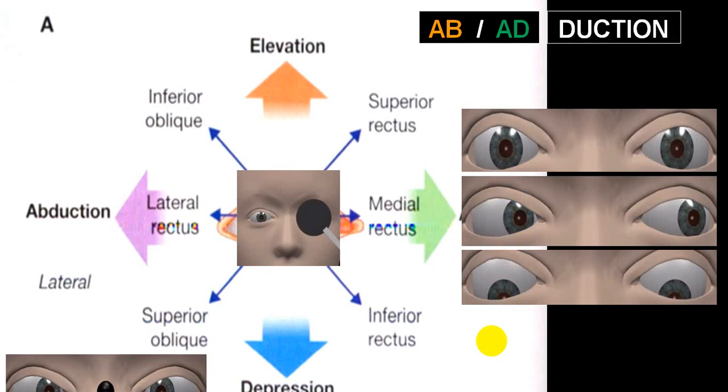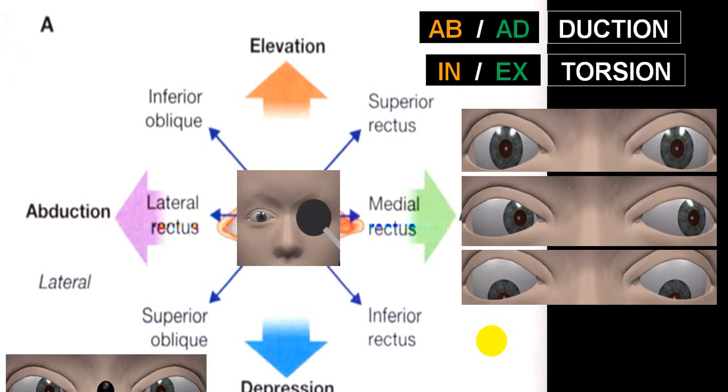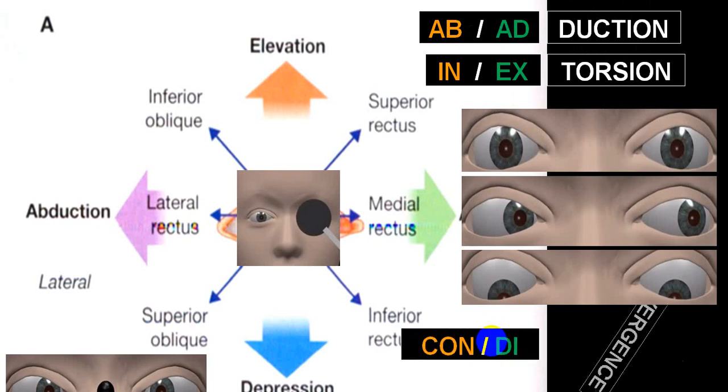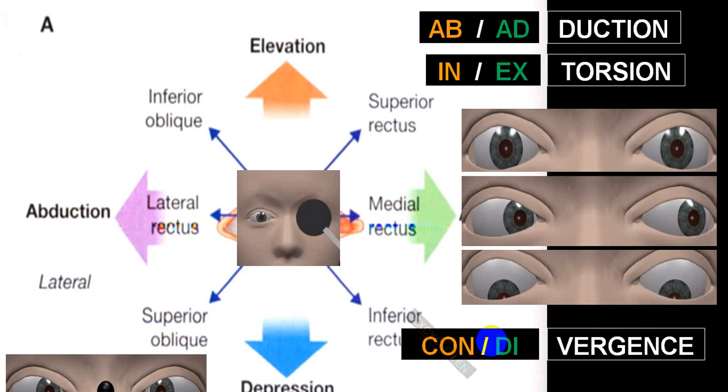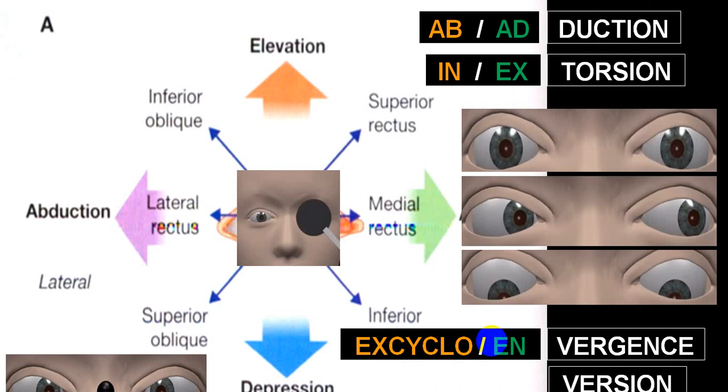Abduction, adduction, intorsion, extorsion, convergence, divergence, excyclovergence and incyclovergence, or we also add the word version: dextroversion, levoversion. Dextro means towards the right side, levoversion is towards the left side.